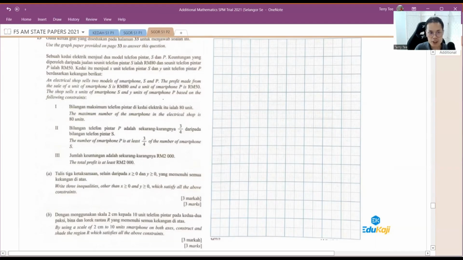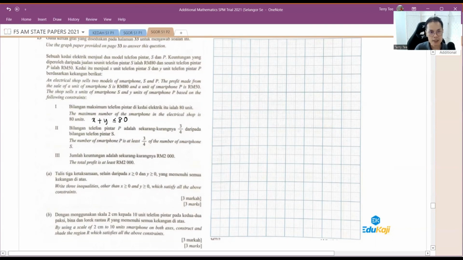Okay, so we have 3 constraints, and we need to write the 3 inequalities that satisfy the constraints. So my first constraint is the maximum number of smartphones is 80. So I'm going to write here, in order to get maximum 80, x plus y, maximum means less than or equal to 80. Okay, simple.